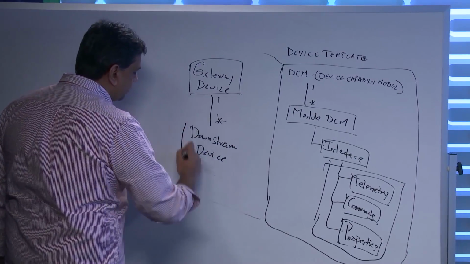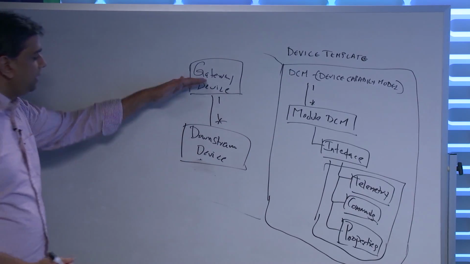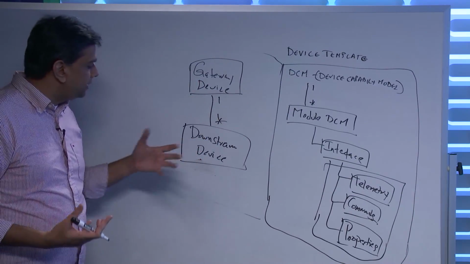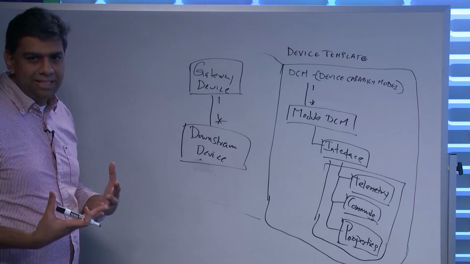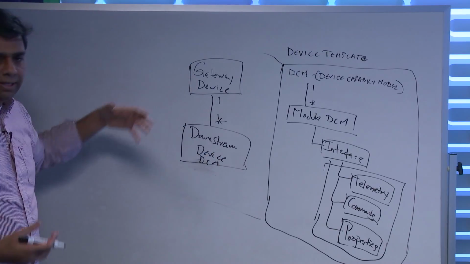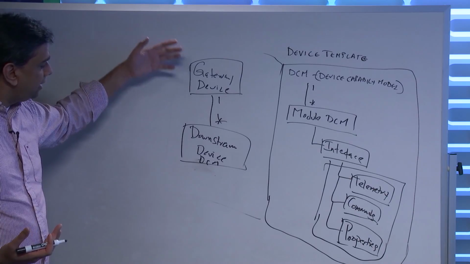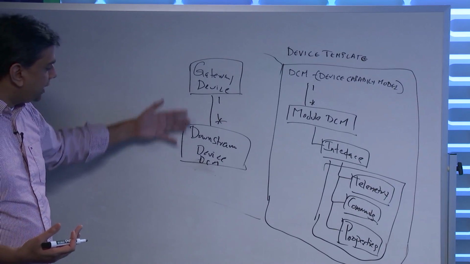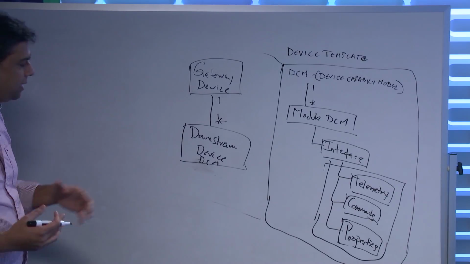So this is your downstream device. You're basically telling, hey, these are my downstream device DCMs, or device capability models, which will help connect into my gateway. So that's one relationship we have created.